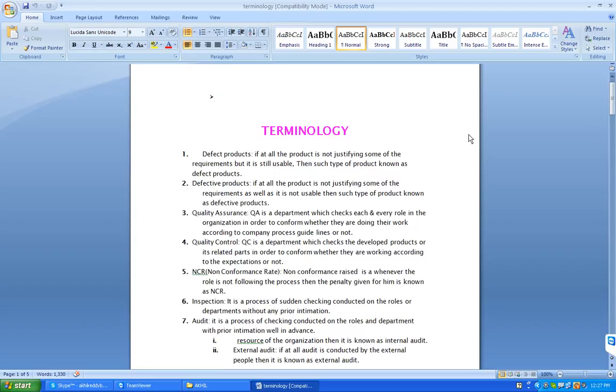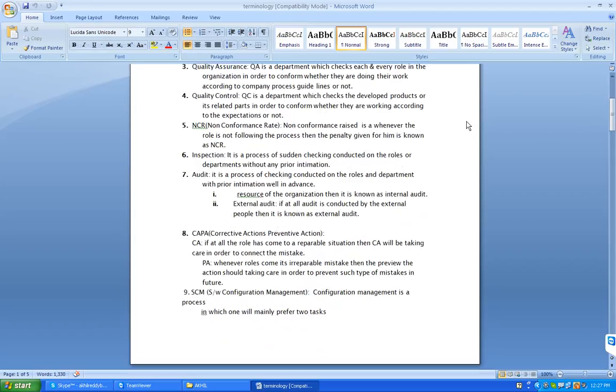Okay. And next, CAPA. CA means corrective actions, PA means preventive actions. Corrective actions means if any role is doing any mistakes, we can repair that mistake.